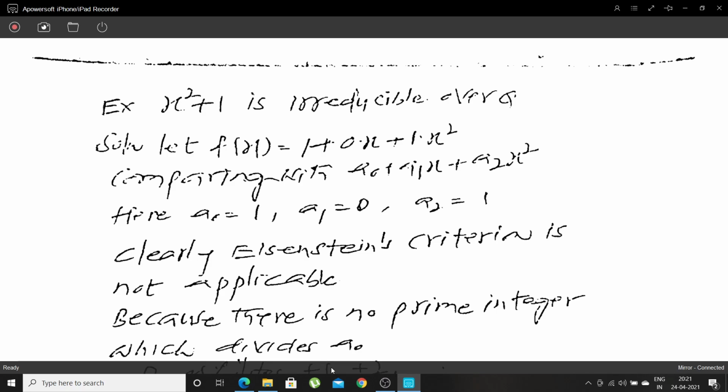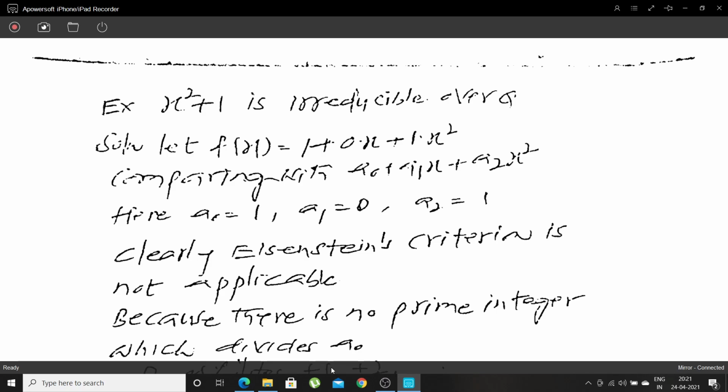The statement says that, listen to my words carefully, if we have a polynomial f of x, and the coefficients are integers, and there is a prime integer, we have so many integers. Out of that, let me pick one prime integer.